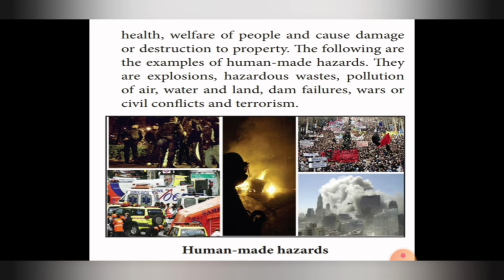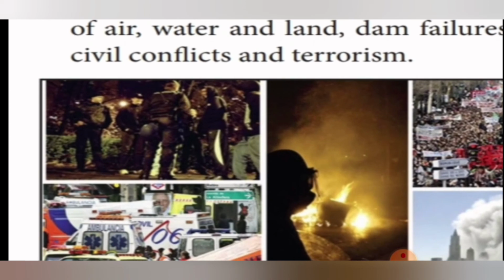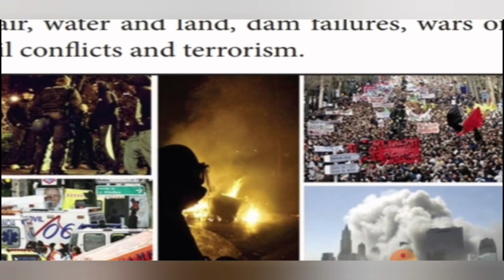Water, pollution of water, pollution of land, dam failures, okay, breakage of dams, wars made by humans, okay, and civil conflicts and terrorism. These all come under human made hazards. So there are pictures they have given here, you could see the picture, right?